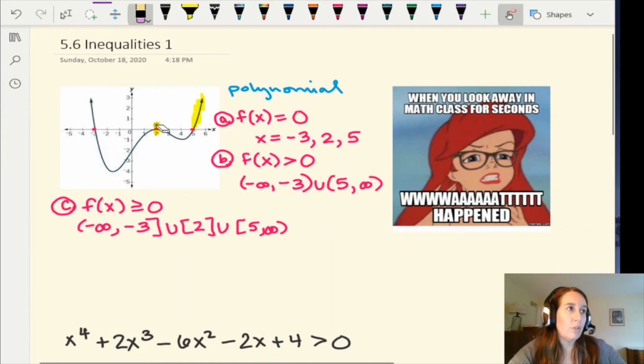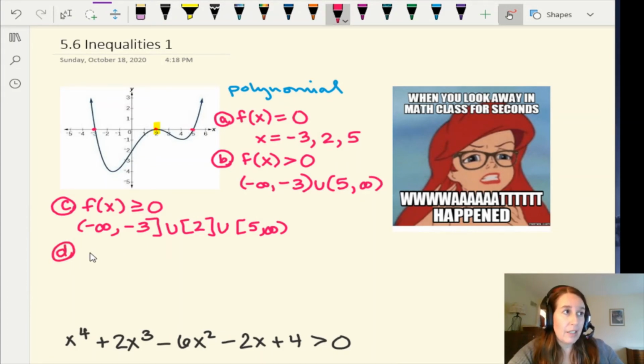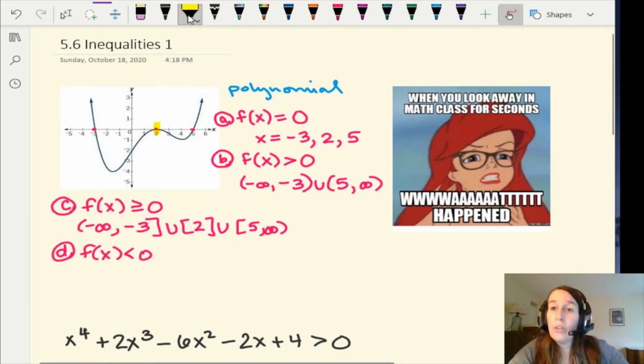You also, of course, might be asked, can't erase that part, might be asked where f of x is less than 0. So if it was less than 0, that means that we are looking for below the x-axis. Where is the graph negative? Not the x values, really the y values. Where are they negative?